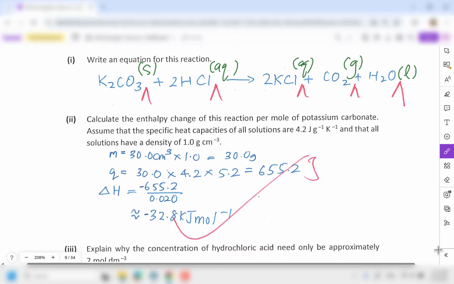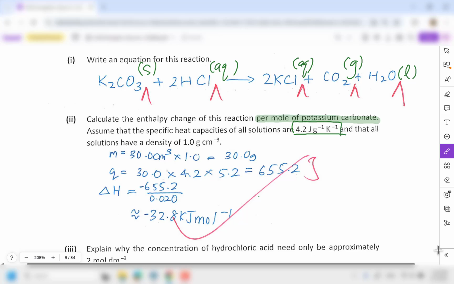You're required to calculate the enthalpy change for this reaction. You are given very specific instructions in terms of the amount of carbonate you need to deal with. This is per mole of potassium carbonate, so you need to be aware of that. Over here, the specific heat capacities of all the solutions are given to you.